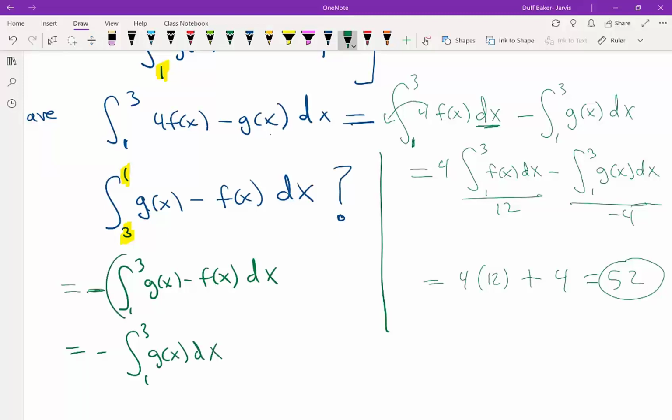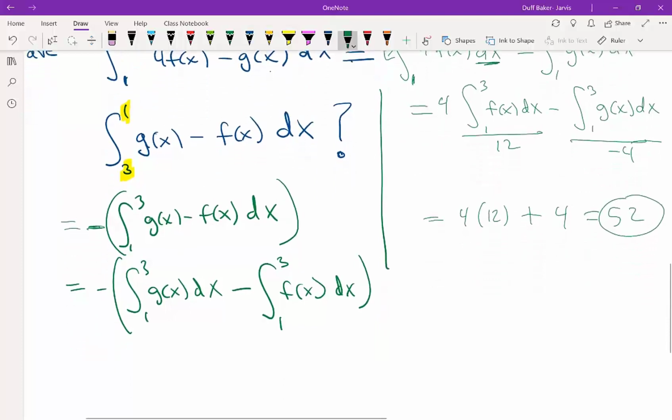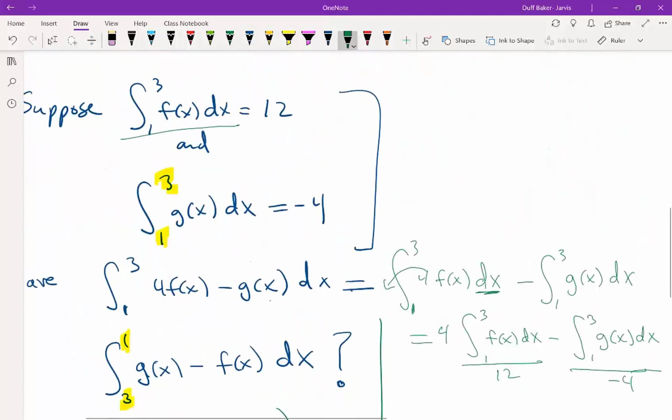But you remember that there's implied parentheses here, right? So really you have to make sure this negative goes on both things. Okay, and now we know that the g of x one was minus 4 and the other one was 12.